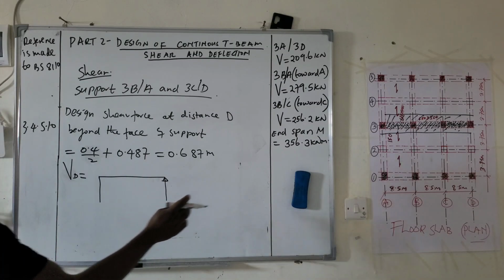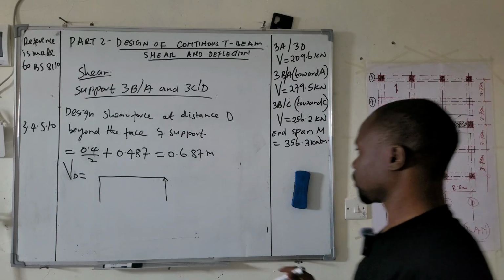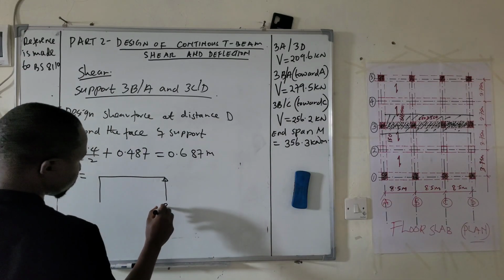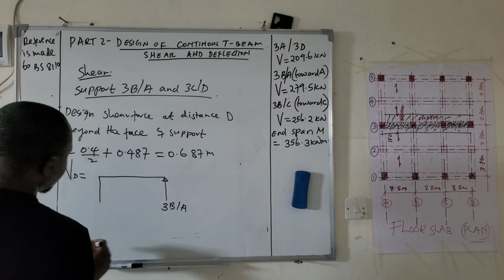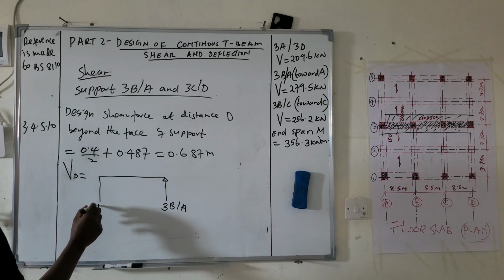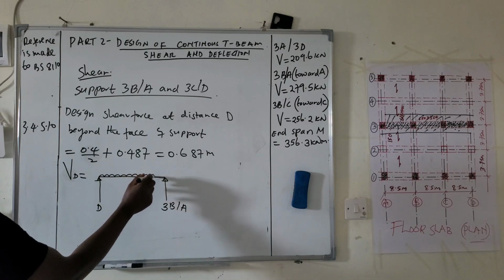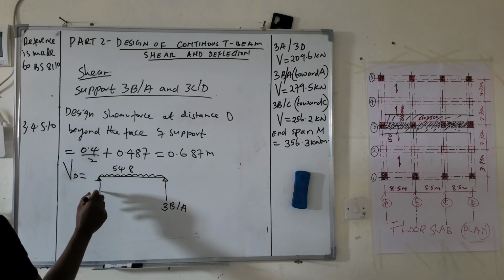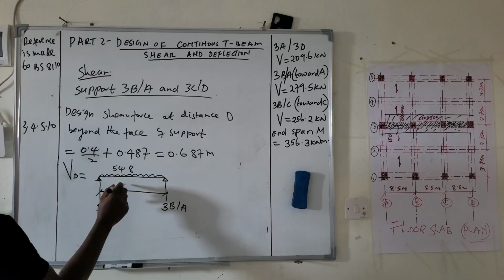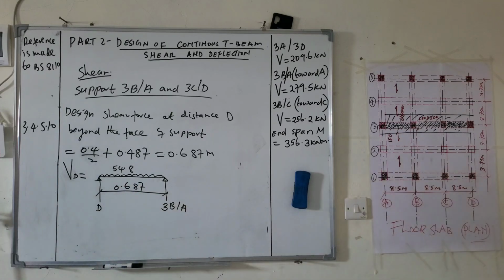So this is 3B, 3BA, and this is D. And this is 54.8, and the distance is 0.687.